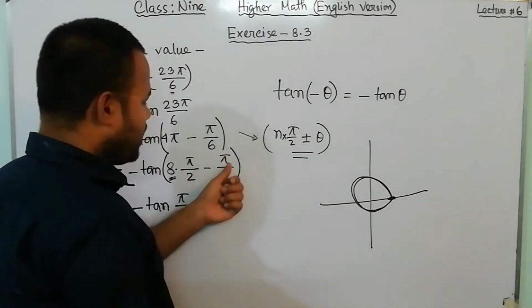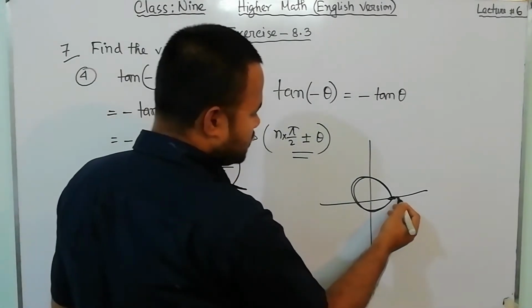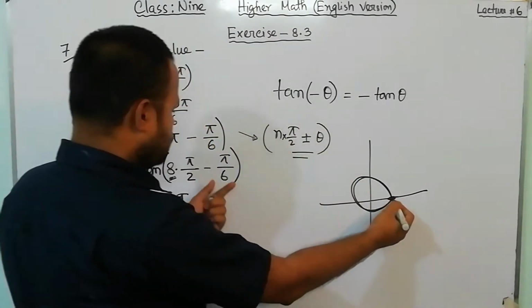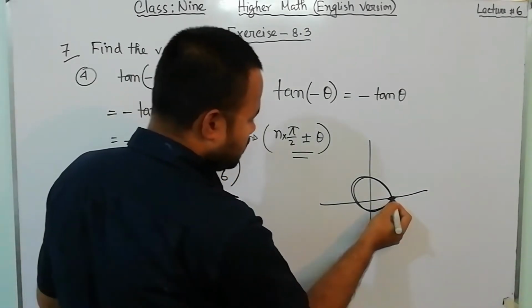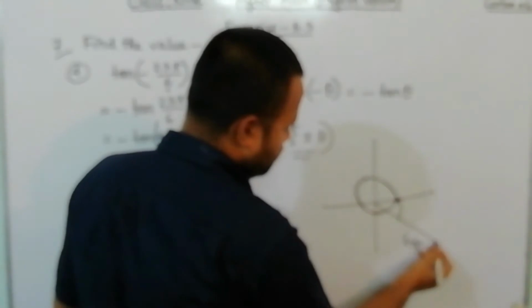So minus pi by 6 is a negative angle. Now from this position we have to revolve clockwise up to pi by 6, that means 30 degrees. So we are in the fourth quadrant.